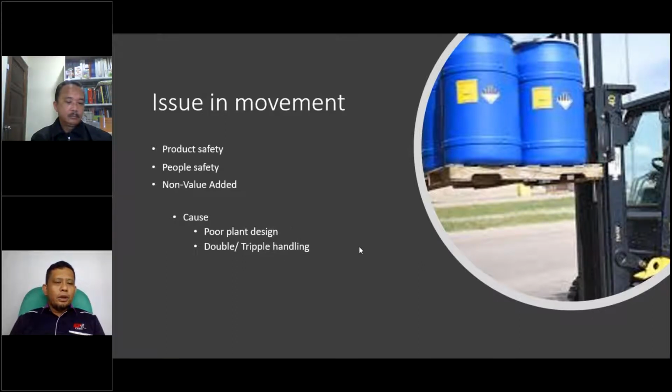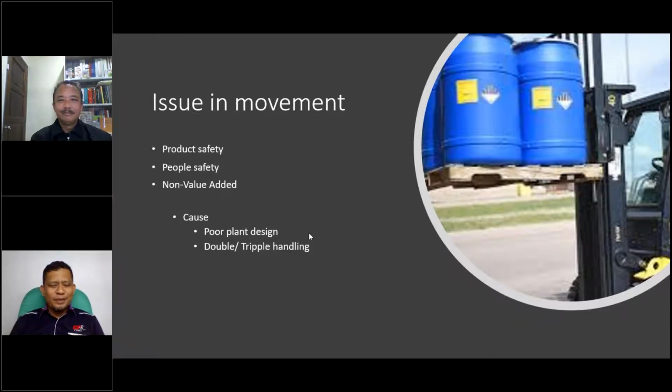Okay, so why is there a lot of movement? Of course, it's non-value added. Most of the reason we find out is the plant design. I'm not promoting IE, industrial engineering, even though I'm a fellow in industrial engineering.